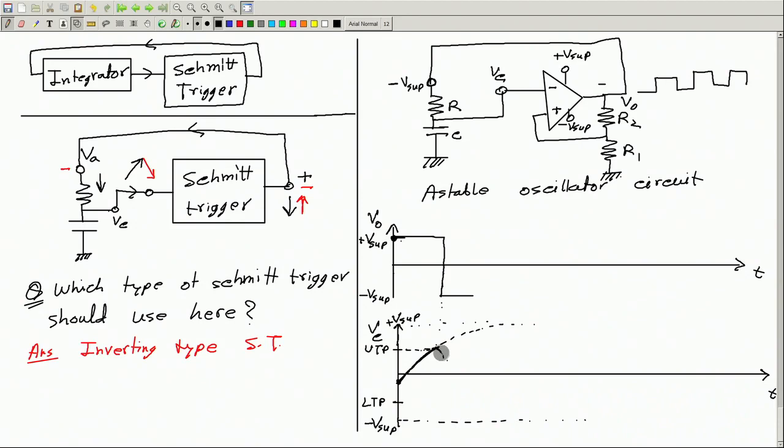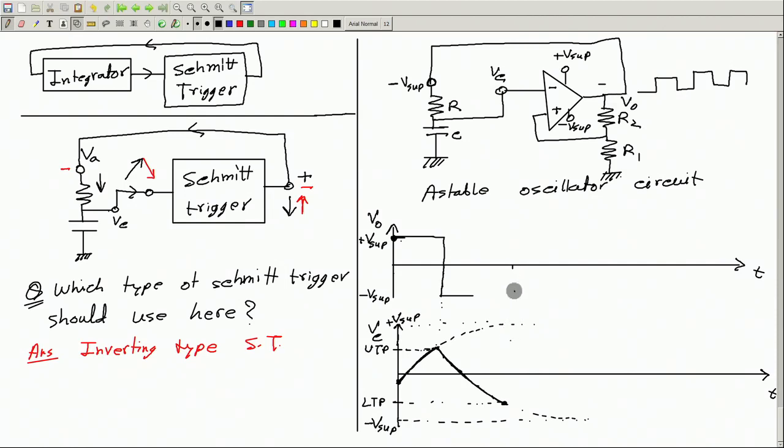Then it will try to go to that value exponentially like this, but it will not be able to reach that point, because before that, when this voltage reaches the lower trigger point of this Schmitt trigger, the output of this Schmitt trigger will change again from negative to positive.